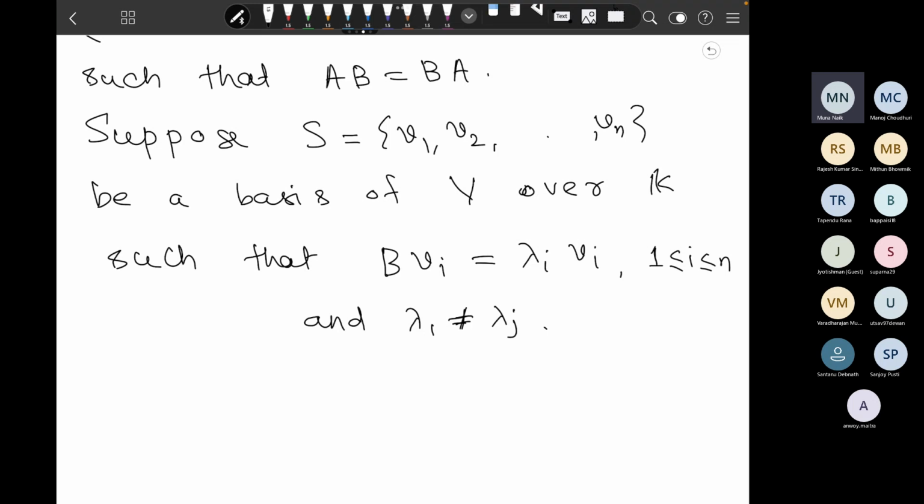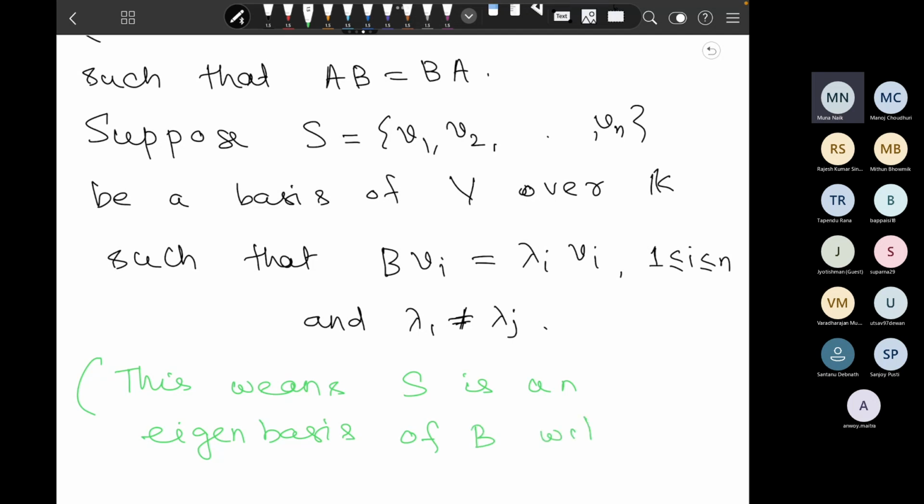So that means B is diagonal. You are assuming B is diagonalizable with distinct eigenvalues. So this means S is an eigenbasis of B with distinct eigenvalues.